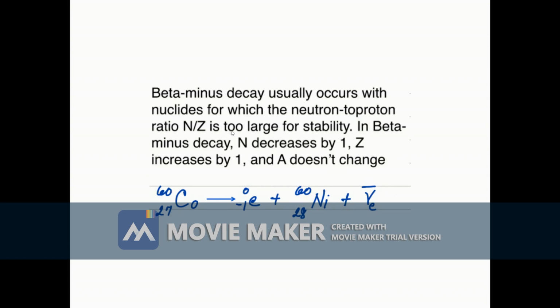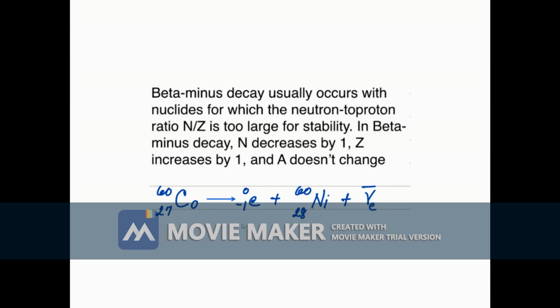Typically the ratio between atomic number and atomic mass is too large for stability.